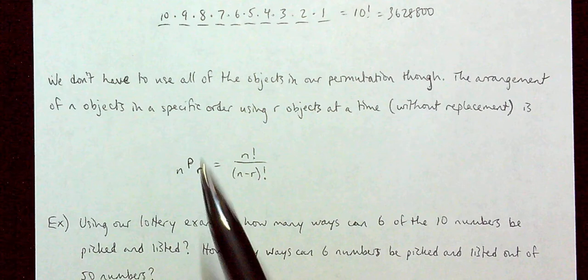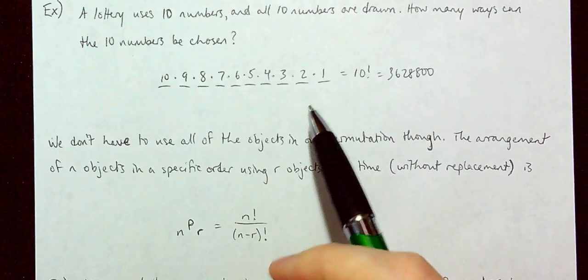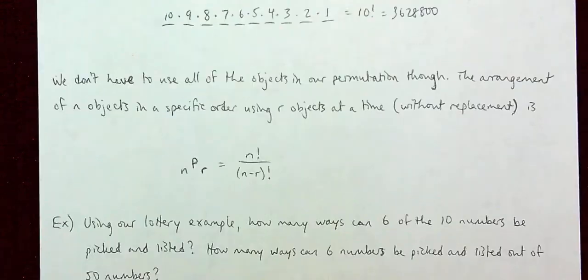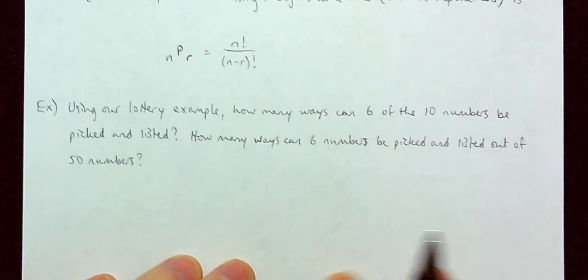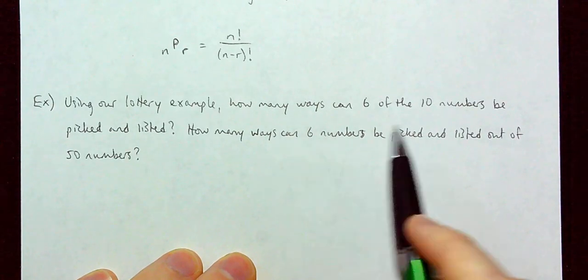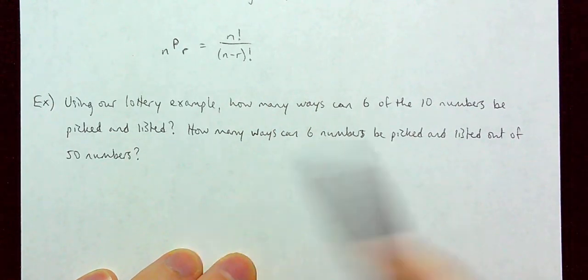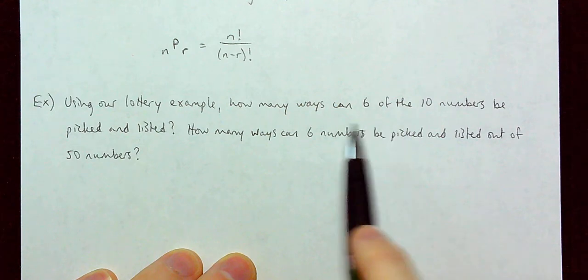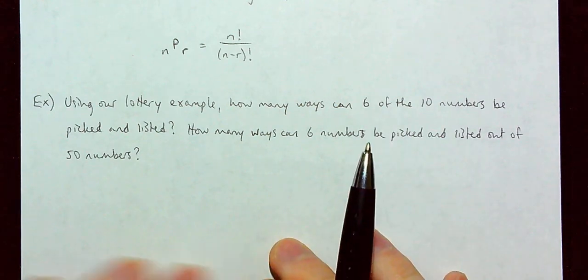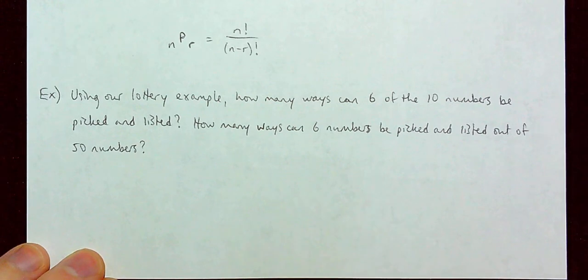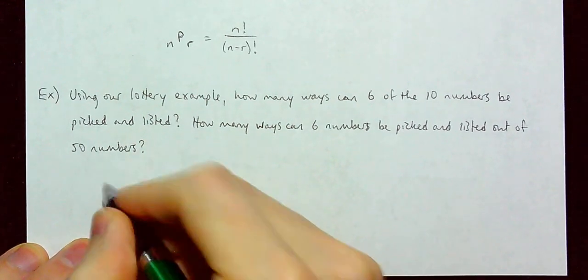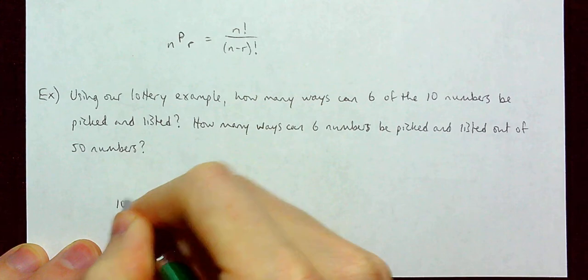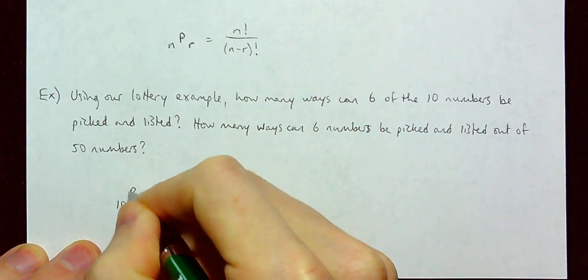So going back to our sample problem where we had the lottery with 10 numbers, suppose we only wanted to pick 6 of the 10 there. How many ways can we pick and list 6 of the 10 values there? So for that one, it's going to be 10P6.